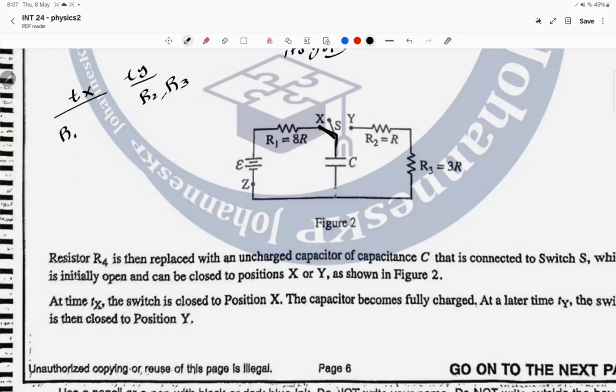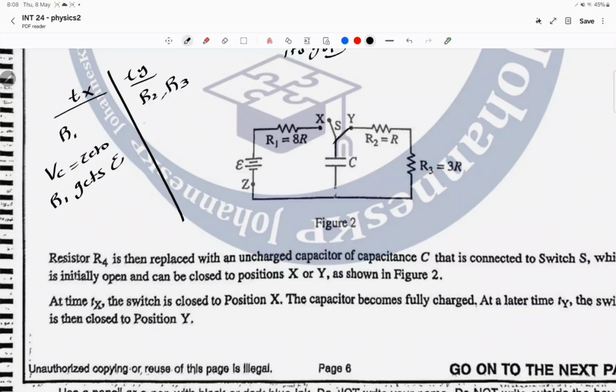So at time X, when the switch was just closed, the capacitor is not charged. So the voltage of the capacitor is going to be 0. And the R1 gets the EMF of the battery. But then at time Y, there is no battery in the circuit.